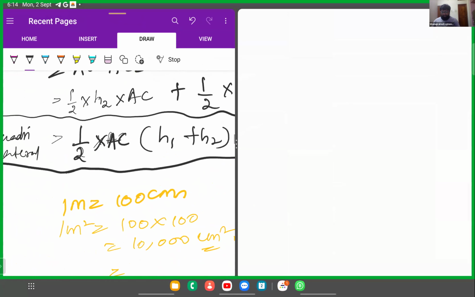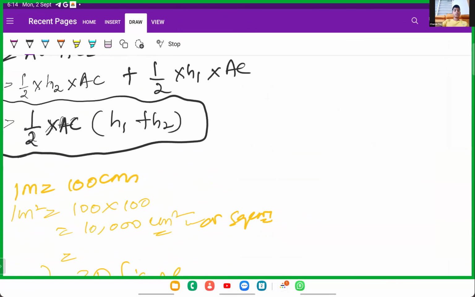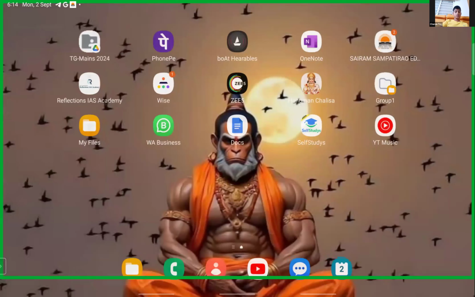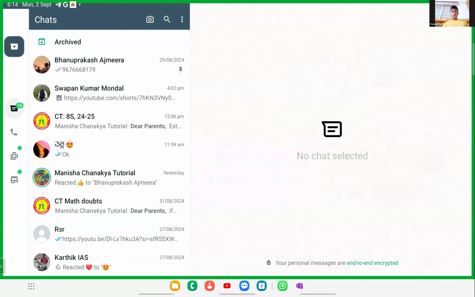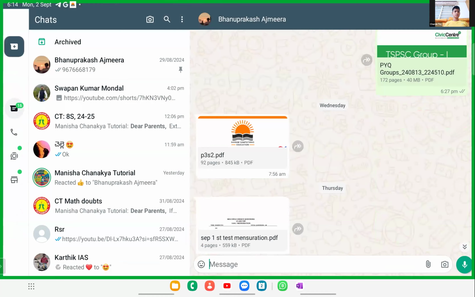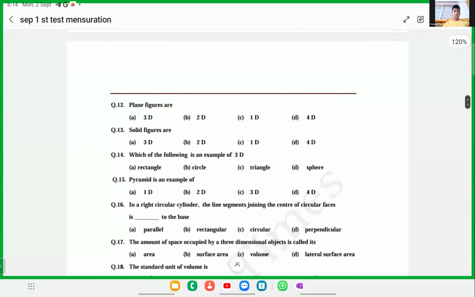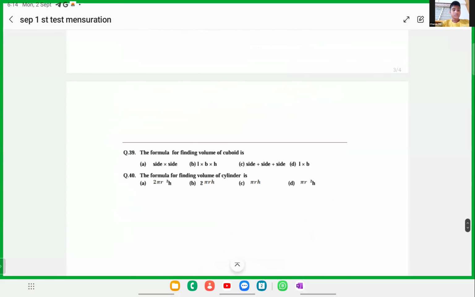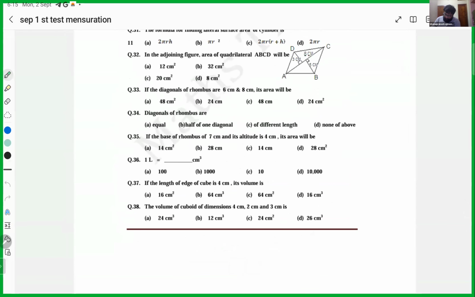Area of quadrilateral is half into AC into H1 plus H2, height 1 plus height 2. So half into H1 plus H2 into diagonal. So how much are you getting for this? Sir, 32.